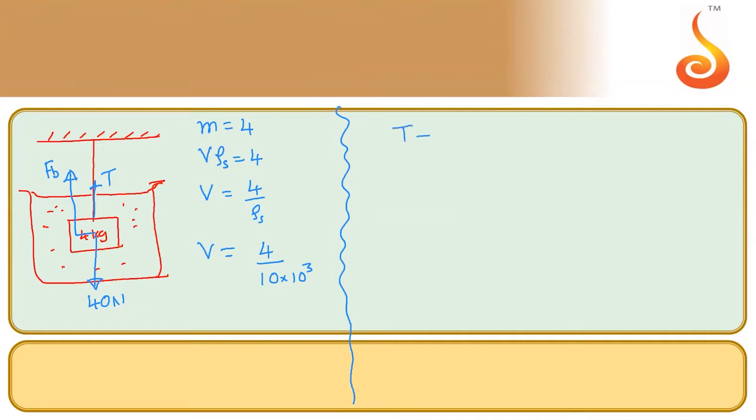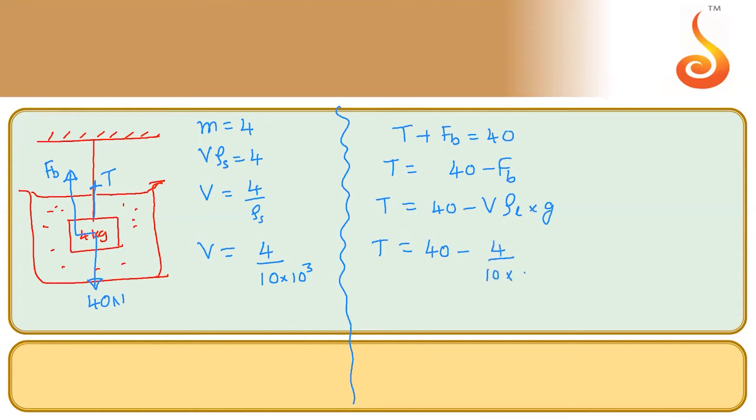Tension T plus force of buoyancy will be equal to 40 Newton. So tension T we have to find. Tension T is equal to 40 minus force of buoyancy. The force of buoyancy is the volume of the solid submerged, times the density of the liquid, times G. So tension T is equal to 40 minus volume, which is 4 by 10 into 10 cubed, already calculated, into the density of liquid, 0.72 into 10 cubed.